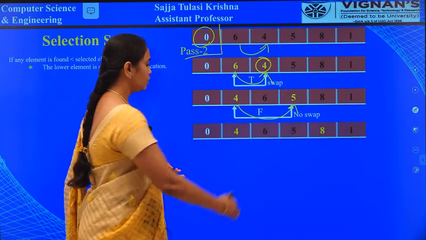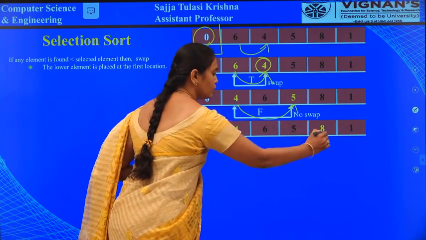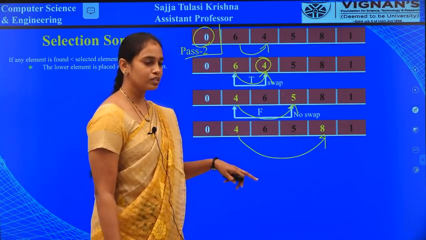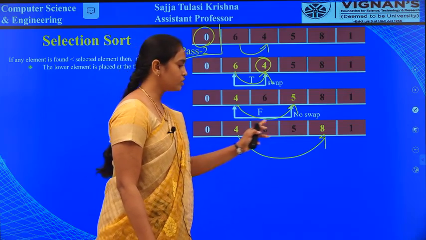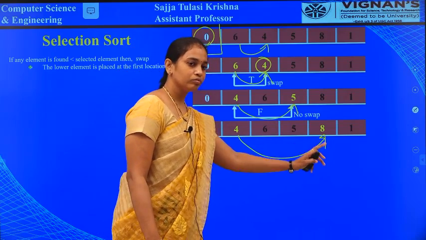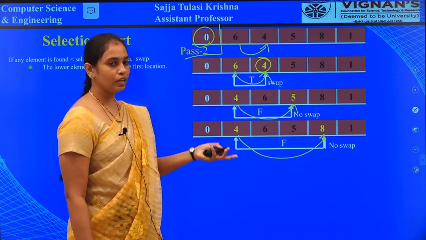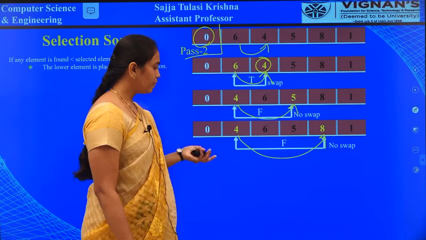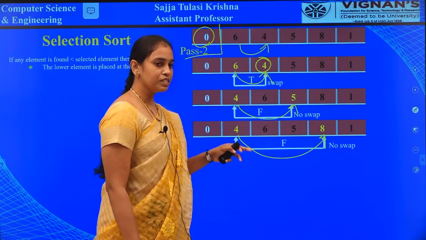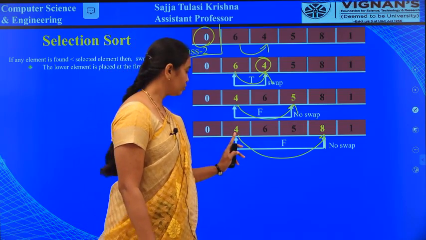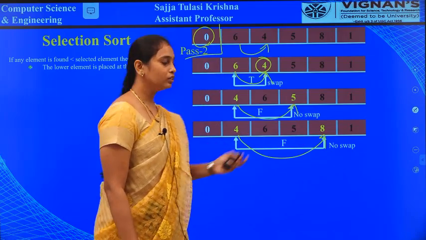Now in the next step, 4 is compared with the next one. 4 is less than 8, so the case is also false and there is no swap. Now in the next step, which elements are going to be compared? 4 and 1.